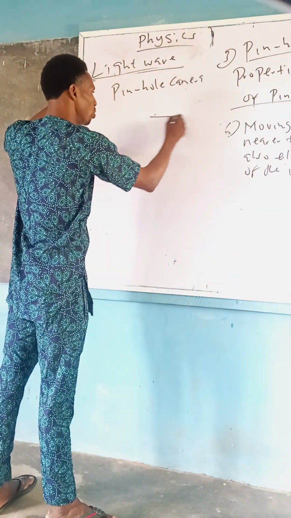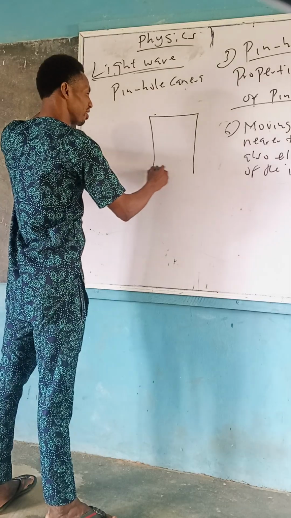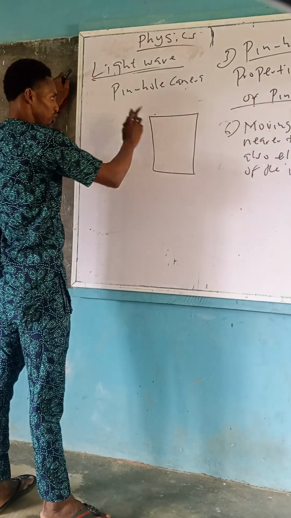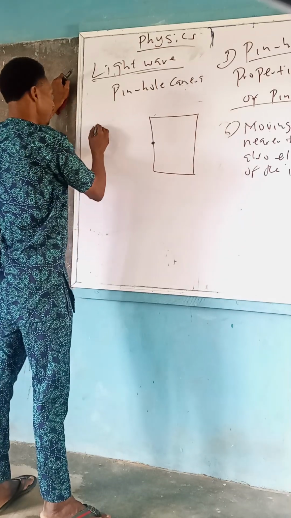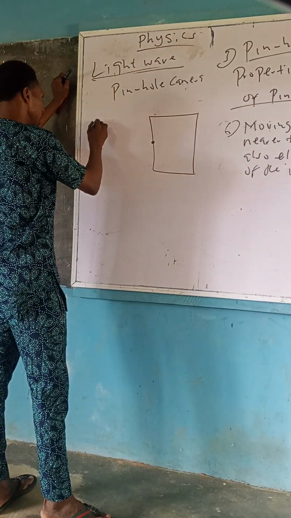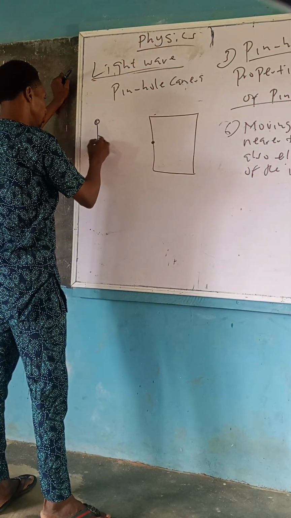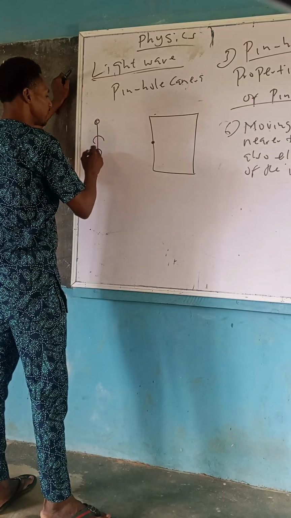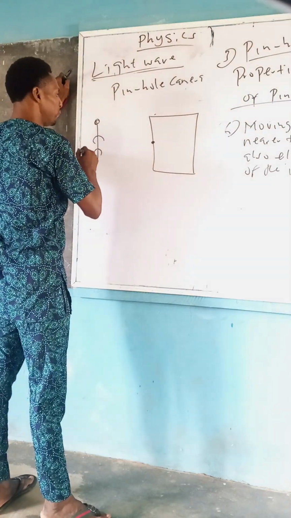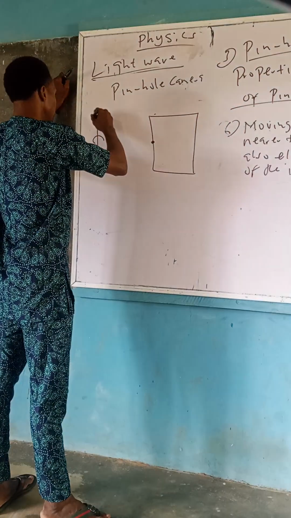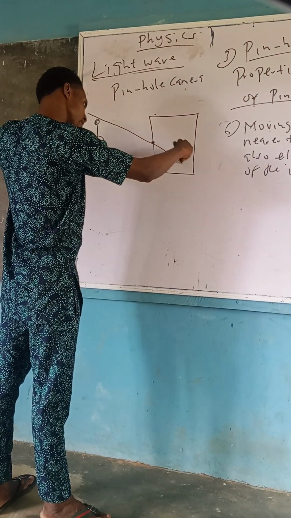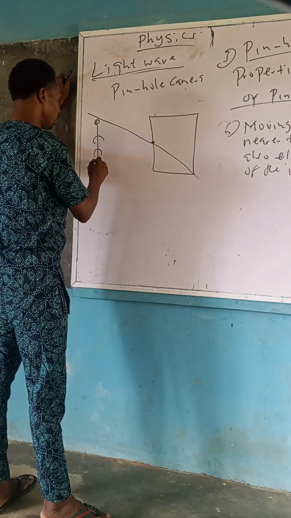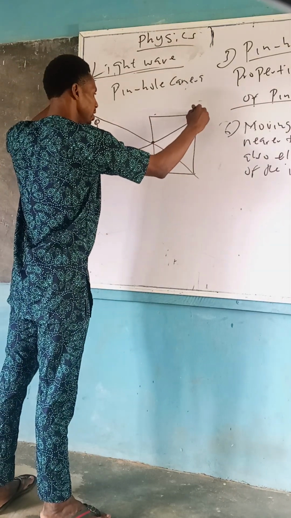I'll give a brief explanation. If this is the pinhole, and an object is standing here, if a ray of light passes from here, let's take it this way. Don't mind my drawing, please.